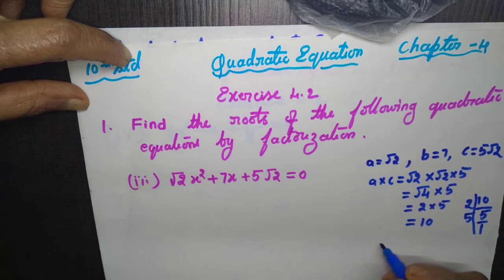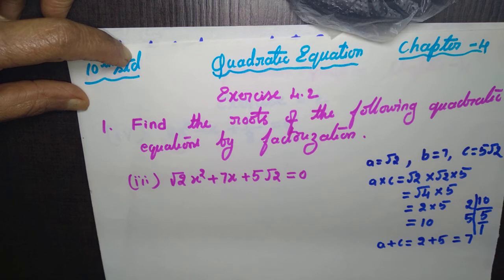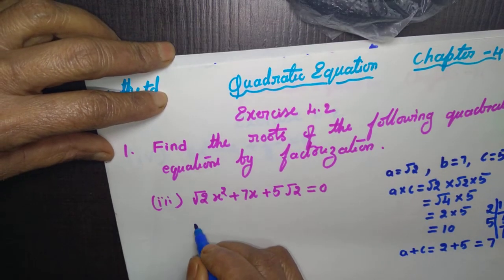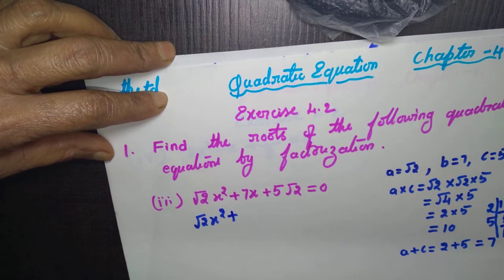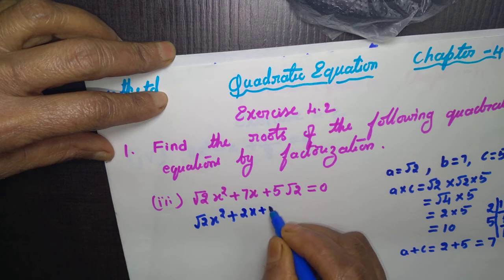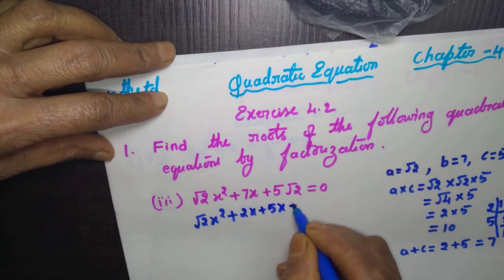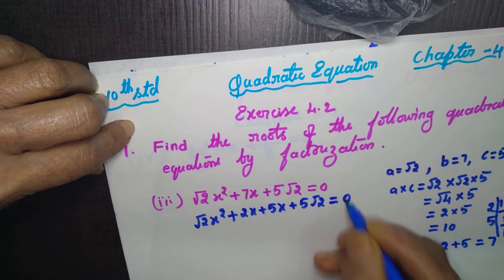A plus c should give the middle term, that is 2 plus 5, which is equal to 7. Therefore, what does it become? Root 2x square plus 2x plus 5x plus 5 root 2 is equal to 0.